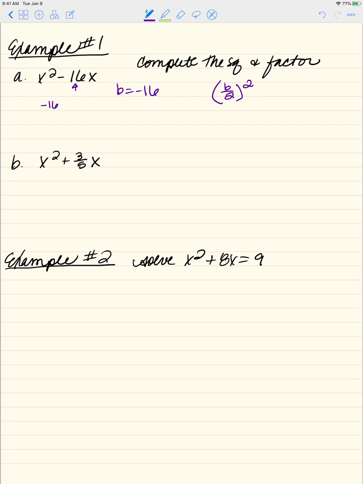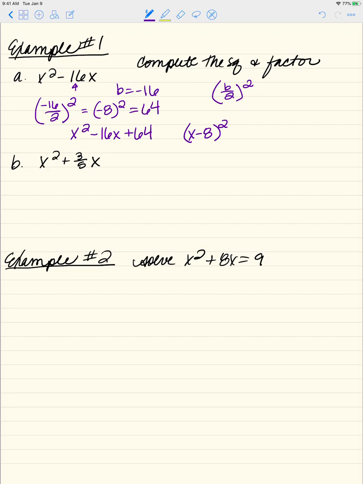So negative 16 over 2 squared is equal to negative 8 squared, which is equal to 64. Now we take x squared minus 16x and we add 64, okay? Factor this resulting trinomial. This is a perfect square trinomial, which factors to x minus 8 squared, okay?